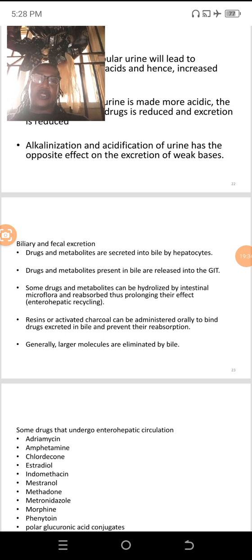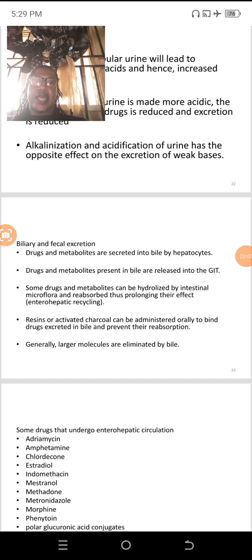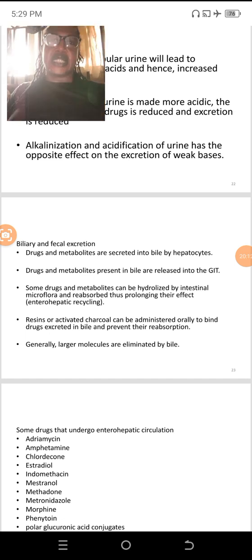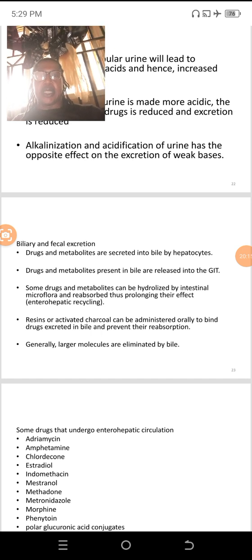The drugs secreted into bile are excreted into the gastrointestinal tract. From there, such drugs might be excreted through the feces, or some of them will undergo what is known as enterohepatic recycling, whereby they are acted on by intestinal microflora and reabsorbed. This can prolong the effects of such drugs.